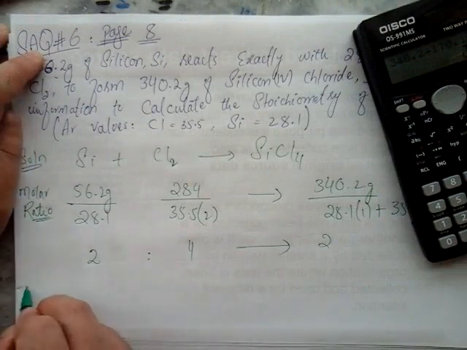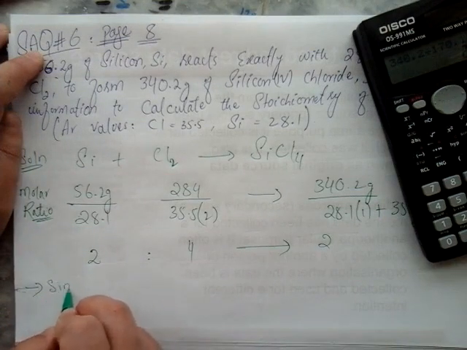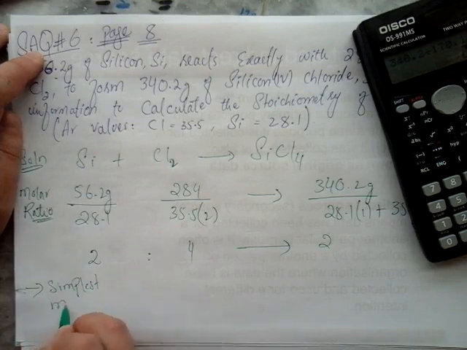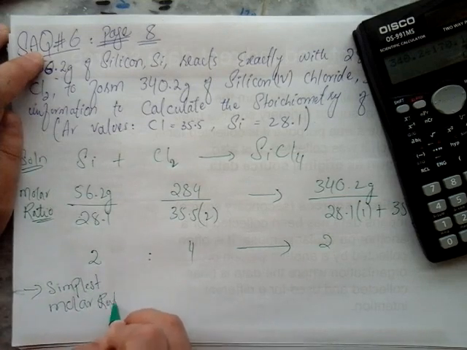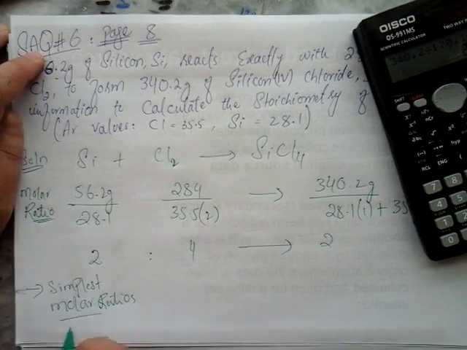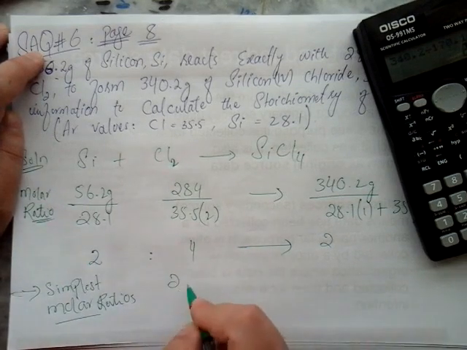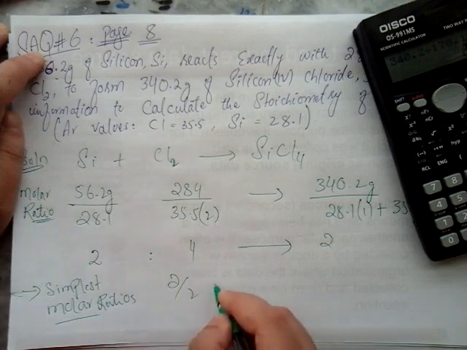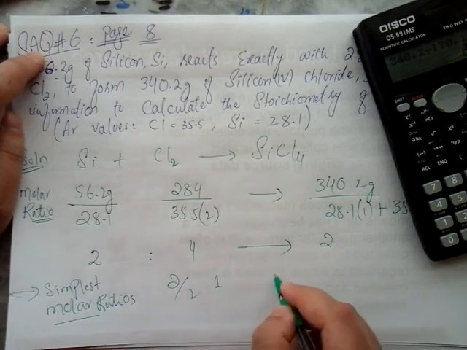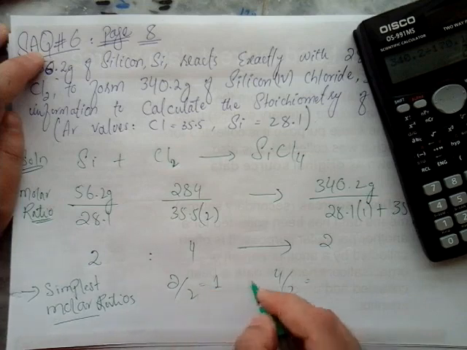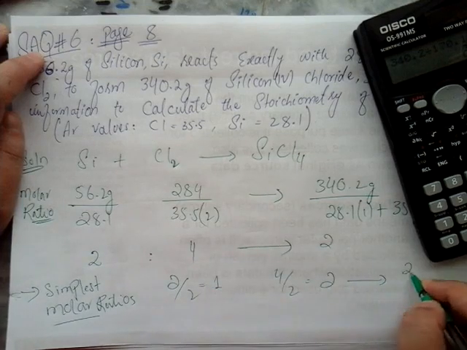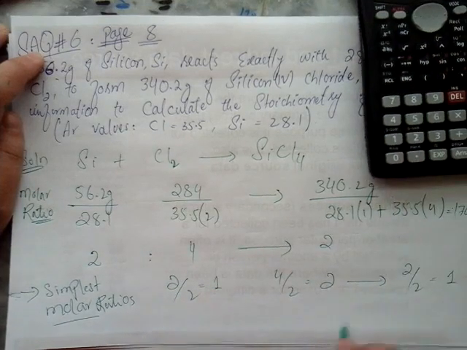Okay, now in the third step we have to find the simplest molar ratio. Simplest molar ratio means that we divide all these three ratios by the smallest number. So 2 divided by 2 becomes 1, 4 divided by 2 comes to be 2, and again 2 divided by 2 comes out to be 1.